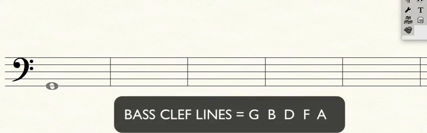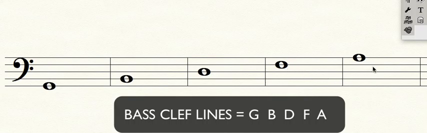So for the bass clef lines, the bottom line is G. Then the next line up would be B. Moving up from B, the space would be C. This line would be D. Then E for the space, F for this line, G for the next space, and A for that last line. So these lines represent the notes G, B, D, F, and A.